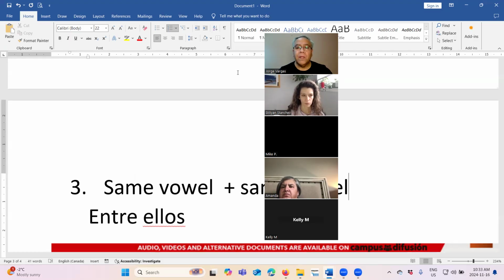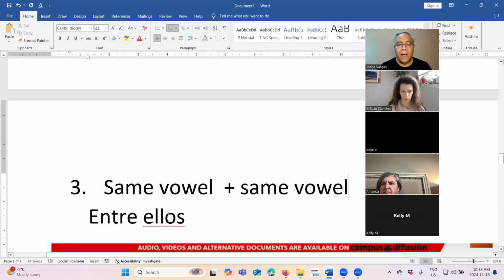In that case, rather than saying entre ellos, entre ellos, the emphasis goes right in the center.